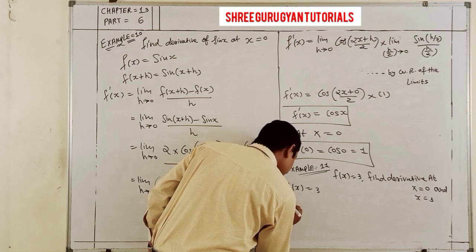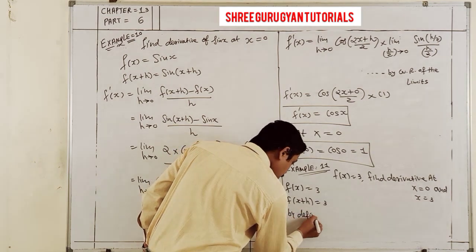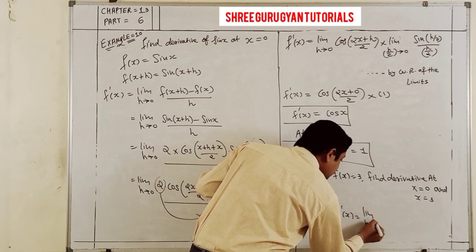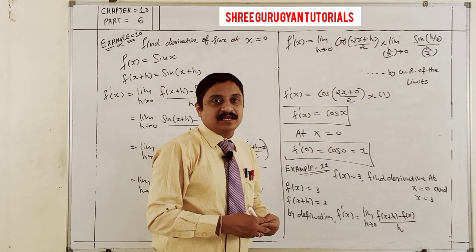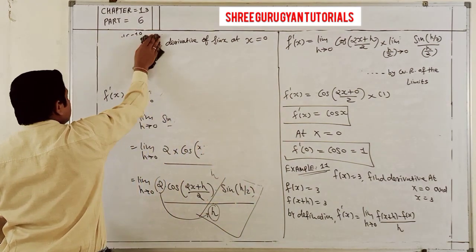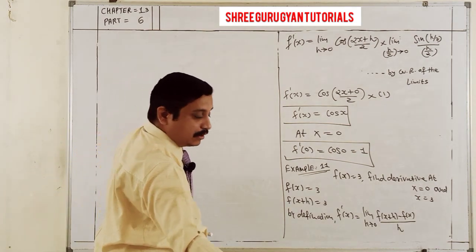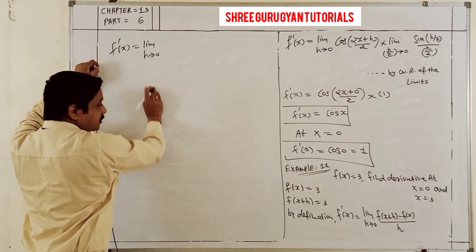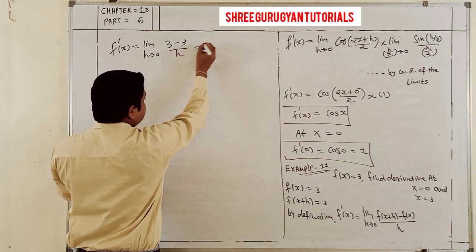f(x) I will take as 3, f(x + h) is also 3, and by the definition of limits, f'(x) is the limit as h tends to 0 of [f(x + h) - f(x)] / h. Apply it in the simplest form, one by one, putting the values in the definition, and you will get the answer. Students, in both cases it is a constant only, so 3 minus 3 is 0.